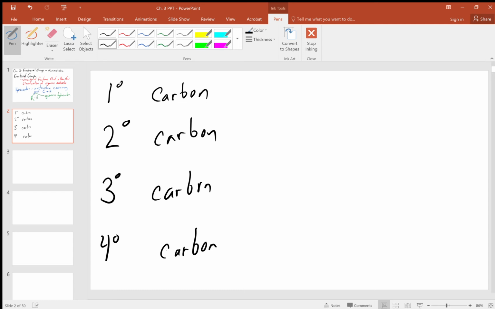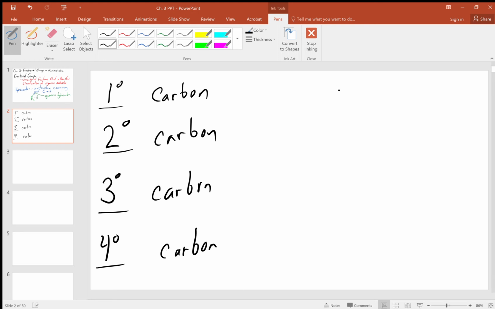And this terminology is actually going to become fairly important to us when we get to spectroscopy, which is our next 3 major sections in this course, after we do some nomenclature. But these primary, secondary, tertiary, and quaternary refer to how many carbons are bonded to that carbon.